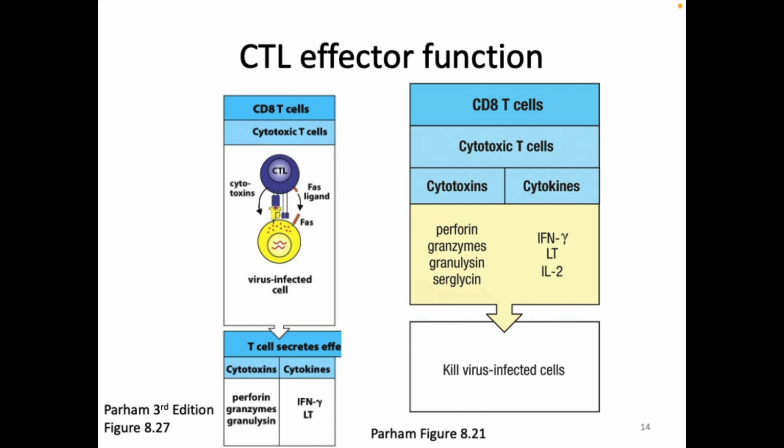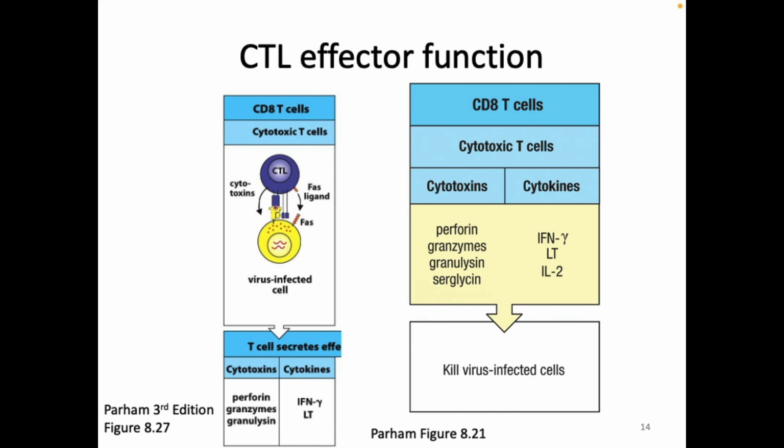The one other reason why I show you this slide is that sometimes we also see some cytokine production by cytotoxic T cells, or CTLs. The important cytokine that I often think about with CTLs is called interferon gamma. And so we can sometimes also see some interferon gamma being produced by CTLs. Your book in some cases talks about IL-2.